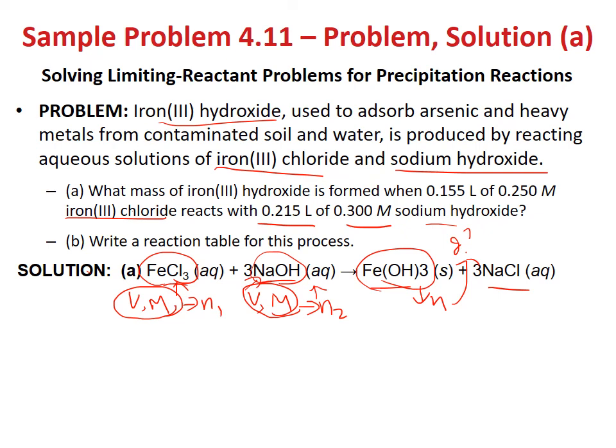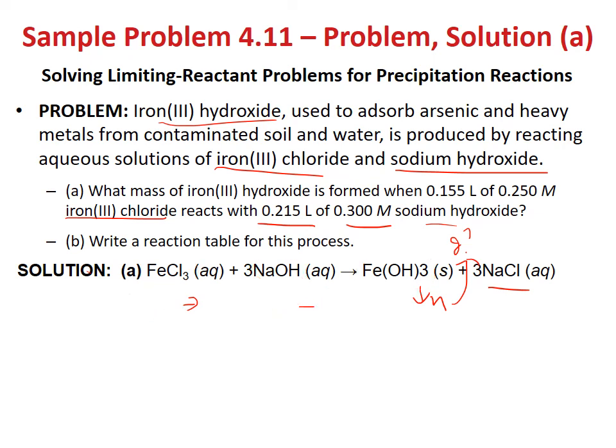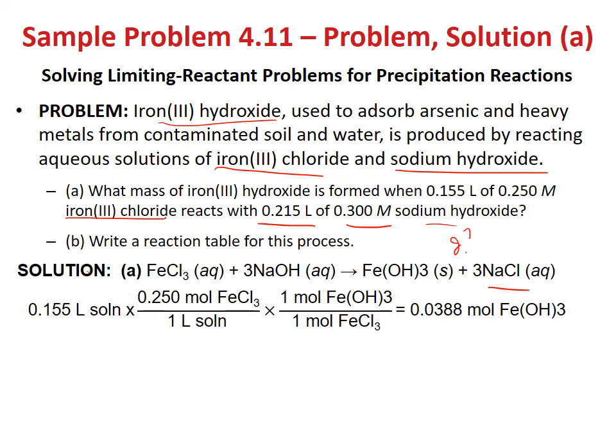Let's calculate. Here is the first one. We have the volume of iron chloride, and the molarity of iron chloride is 0.25 molarity, which means moles of iron chloride per liter. So you cancel volume, and you get moles.